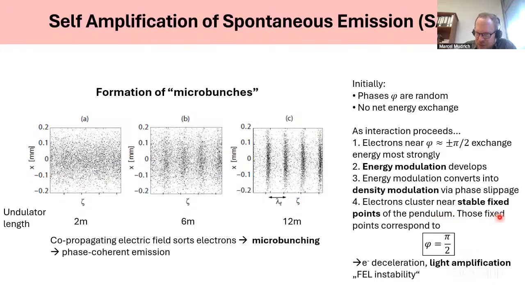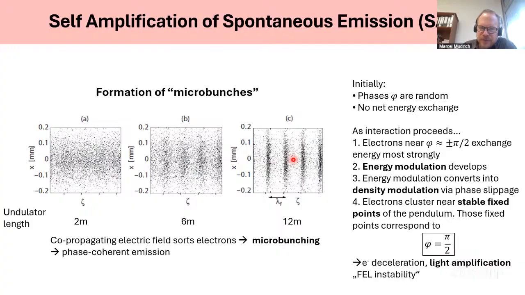And these fixed points actually just correspond to a phase of plus pi/2, which is just the condition for electron deceleration and light amplification. So those are the stable points in the pendulum system, which mean maximum light amplification and maximum conversion of electron kinetic energy into light.